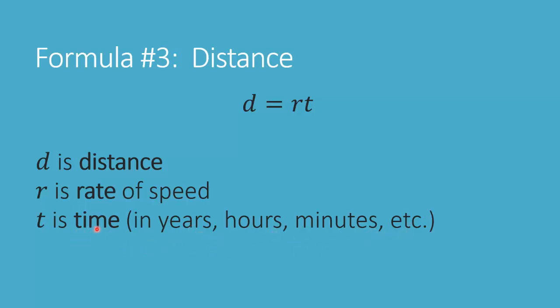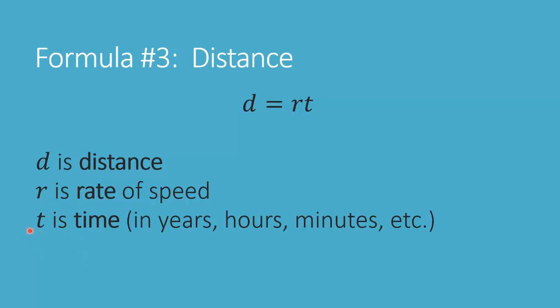Now, one thing to be cautious about is time should always be in whatever the rate is. What I mean by that is, if the rate is, say, miles per hour, then T needs to be hours. You need to make sure that the time in the rate of speed is the same as the time used for how long it took. So in your physics class, you'll have meters per second.